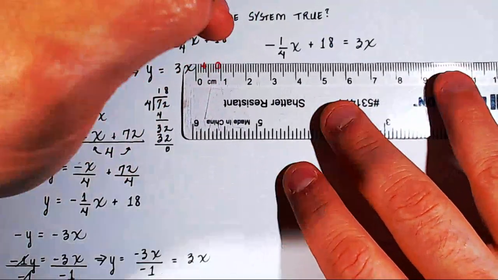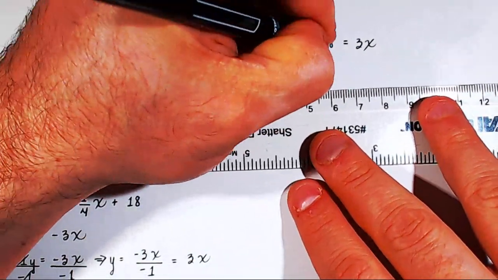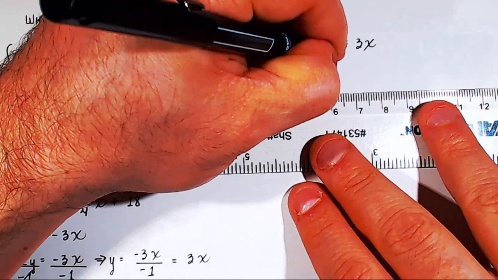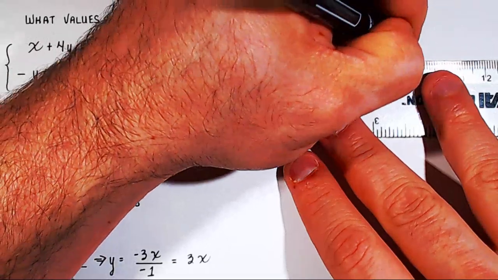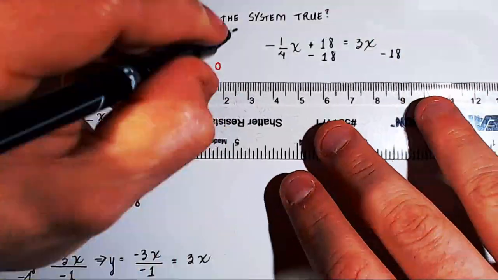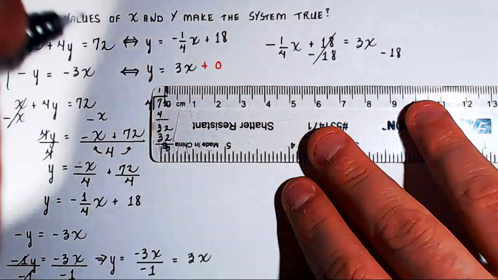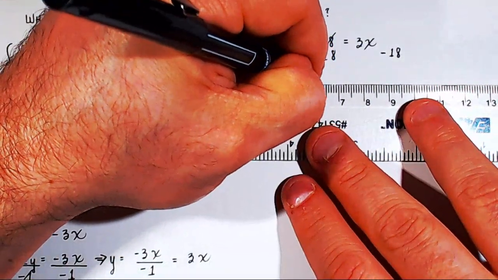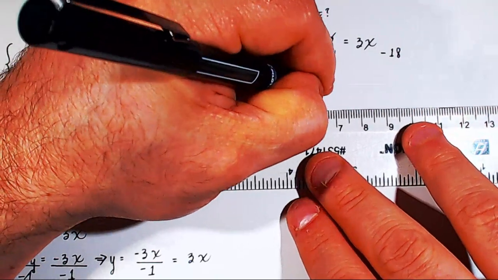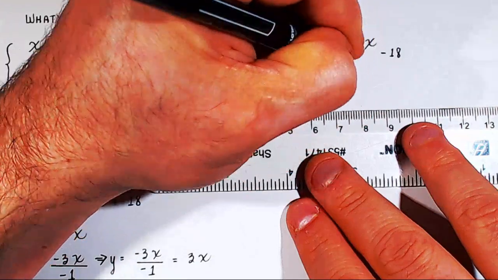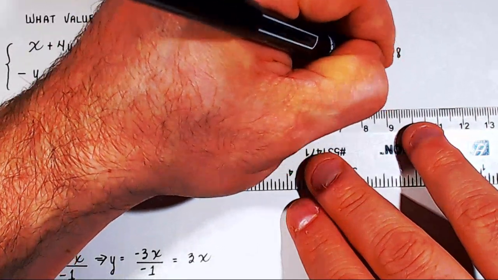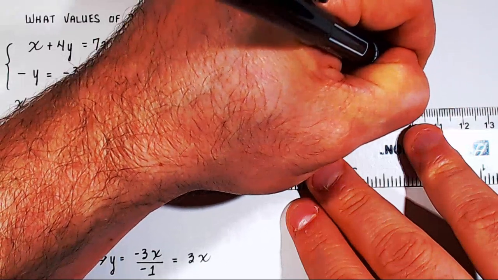So here's what we're going to do first. First, we'll move this 18 to the right side, just because people are more comfortable seeing the x on the left. It really doesn't matter. So now I have, this cancels out, I have negative 1/4 x equals 3x minus 18.